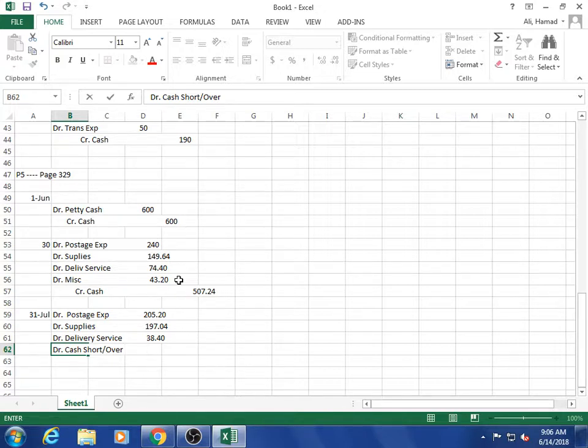For how much? That's a total of all the expenses. So I take that and subtract 600 from it. How much is it short or over? $159. No. Hold up.